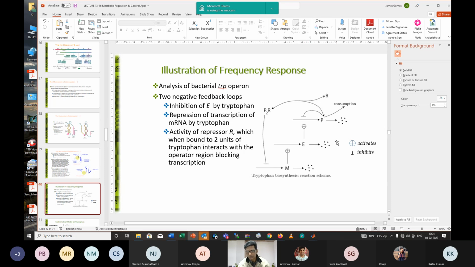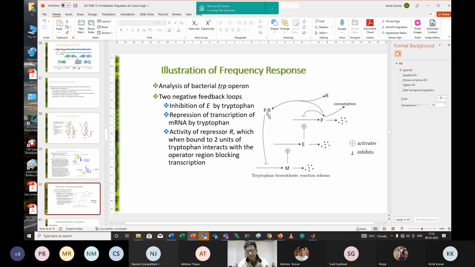The tryptophan gets synthesized here, and it has a negative feedback: it will bind to the receptor, and the receptor will go back to the operating site and inhibit that synthesis. That is the repression that takes place.